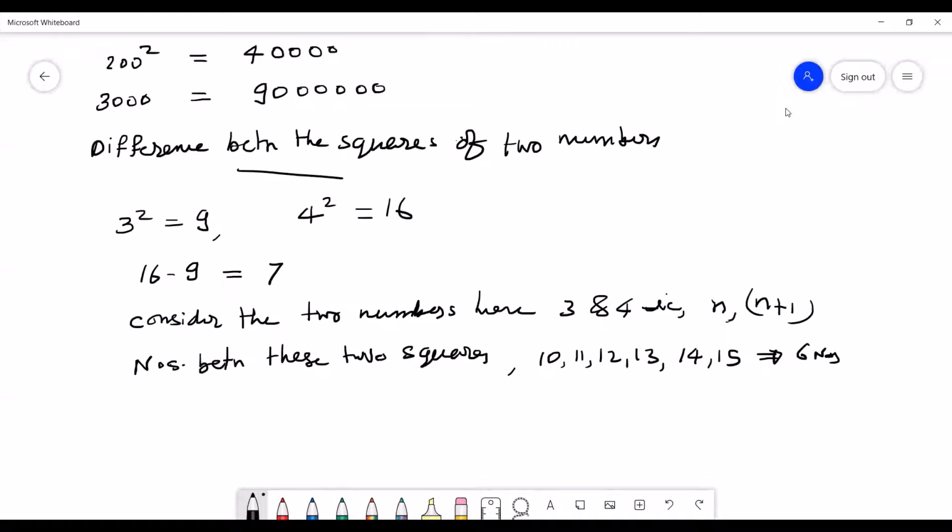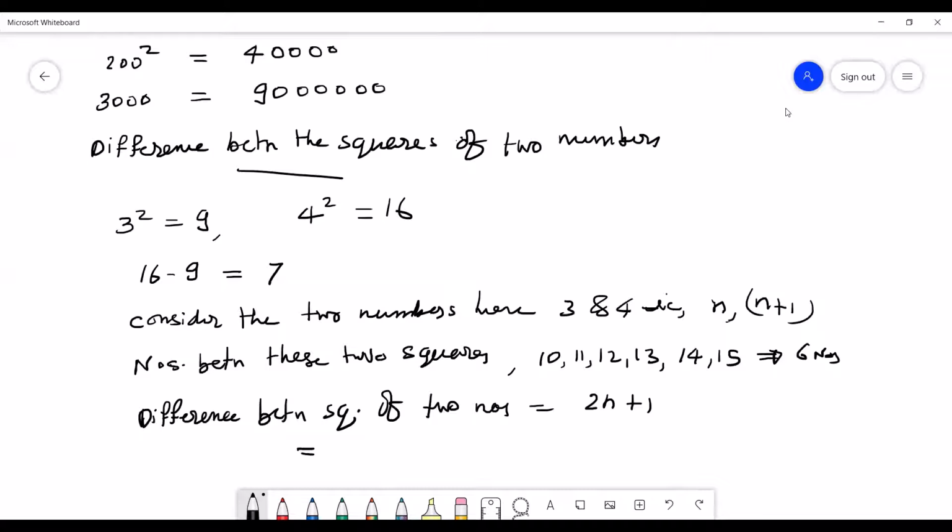number. So what is the difference between these two numbers' squares? The difference between squares of two numbers we can find here as 2n plus 1.